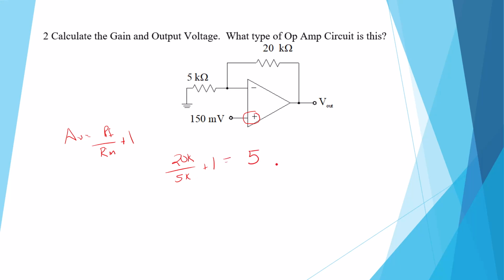So we have a gain of 5, and 5 times 150 millivolts equals, so let's use the calculator here. 5 times 150 EE minus 3, and we come up with 0.75 volts, or 750 millivolts, and it is plus because it is non-inverting.